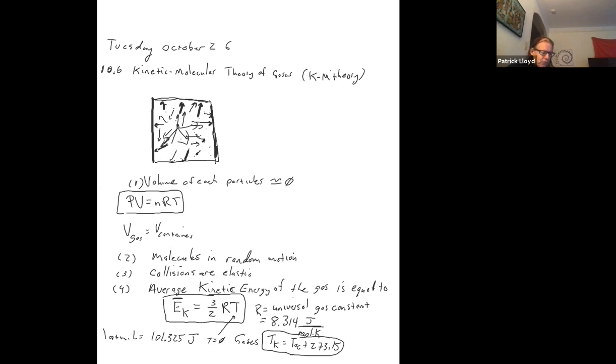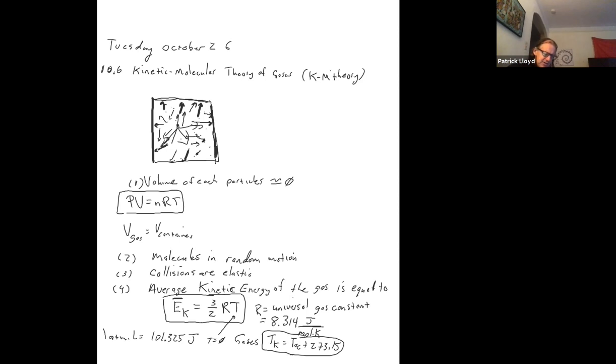So there's essentially 4 points I'm making. The molecules are really, really tiny. They're moving randomly. When they collide with each other, they don't transfer energy in the form of sticking together. So they just bounce right off of each other like hard balls. And no energy is lost as heat when they collide.